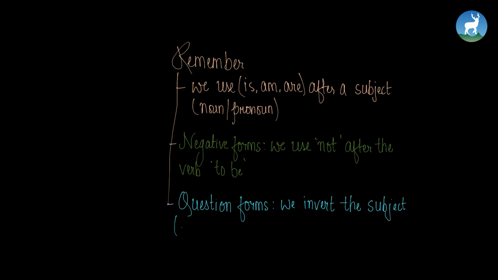The subject could be a subject pronoun or countable or uncountable nouns. So this is how we use is, am and are to express positive sentences, negative forms and question forms for the state of being. Let's try doing some exercises together.